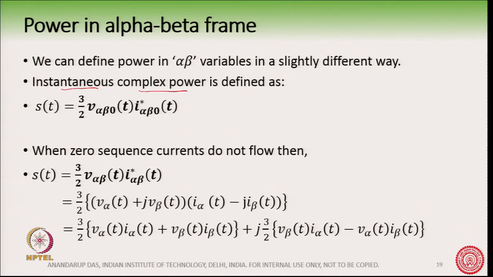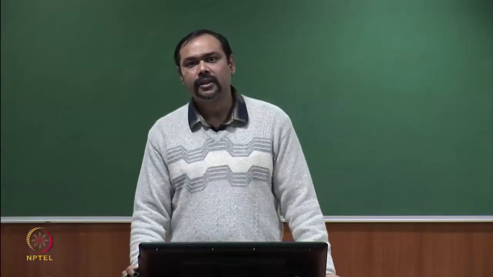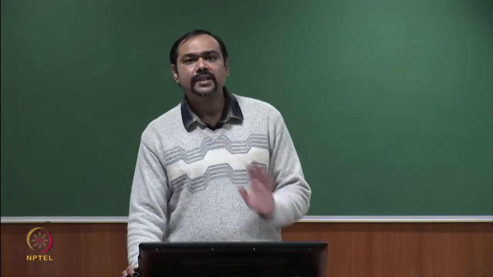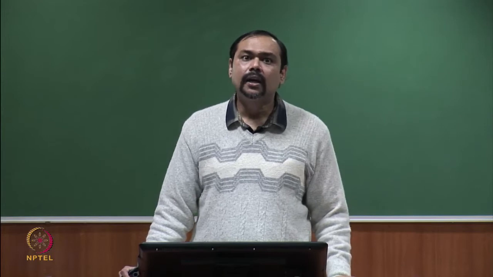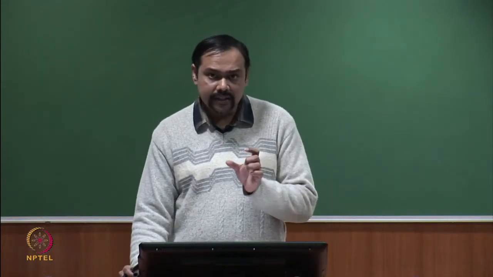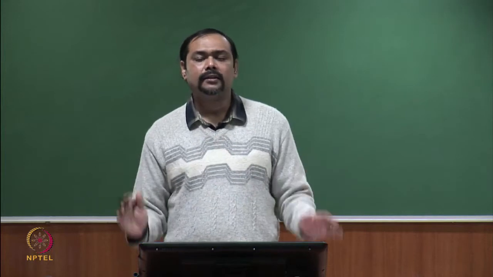Here you see the power which we have conventionally known, we say P equal to 3 times V RMS I RMS cos phi, but these are all phasor quantities at steady state. Here we are talking about instantaneous quantities, these are all instantaneous variables. So, therefore, we have to expand the definition of power.